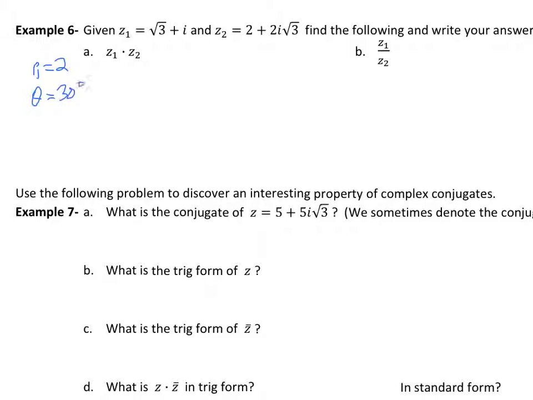Then for z2, r2 is the square root of 2 squared plus 2 root 3 squared. 2 squared is 4, 2 root 3 squared is 4 times 3, 12, so 16. That gives us a nice, clean 4. Then theta is the arctangent of 2 root 3 over 2, or root 3. What's the arctangent of root 3?